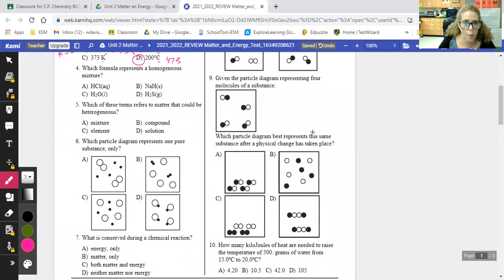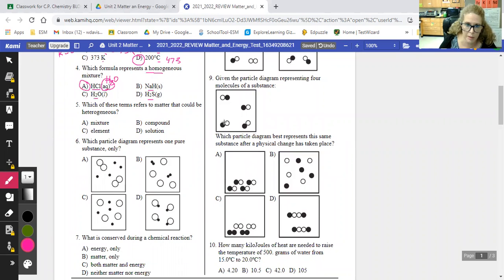All right, which one is a homogeneous mixture? The prefix homo means everything is the same. Here I have a compound and water. AQ means aqueous, which means water, so that makes it a mixture. The others are just liquid water, a solid, and a gas, so those are compounds, and A is your mixture.